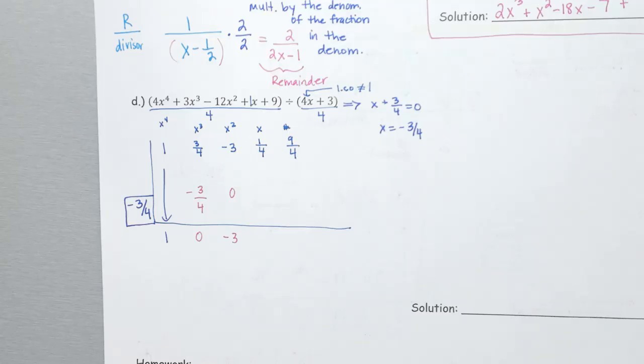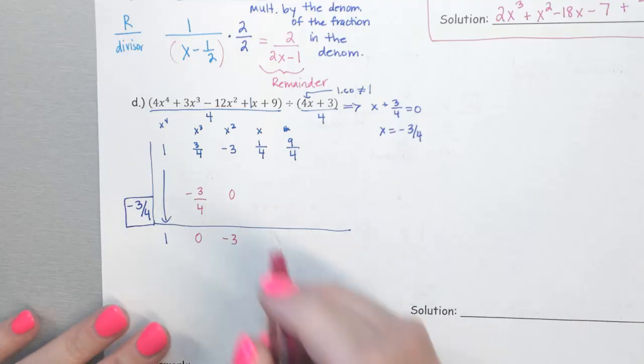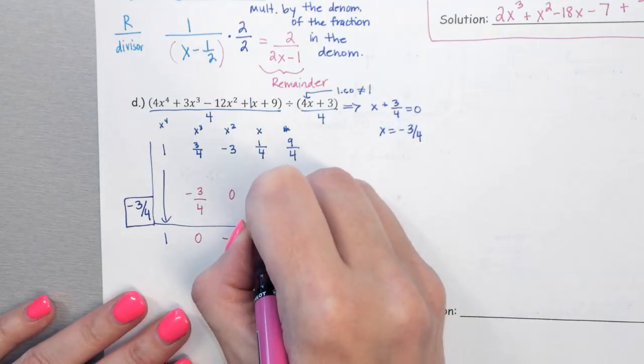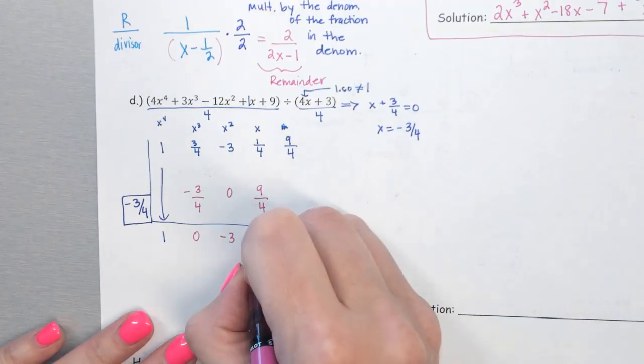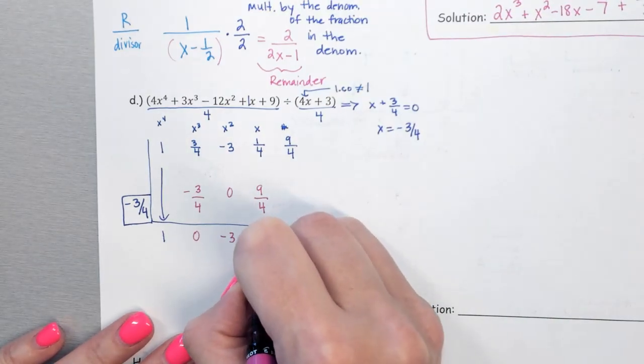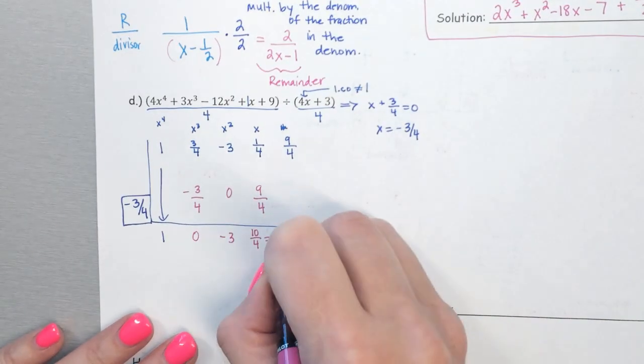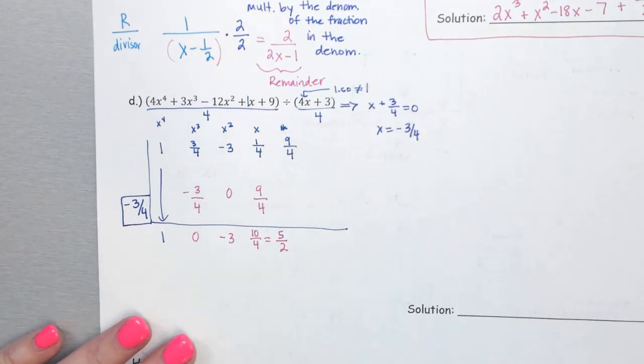Numerator. Can't be both. If it was both, it would divide and make 1. Do the same thing. Okay, so negative 3 times negative 3 is 9. So this is 9/4. So if you add these together, you have 10/4, which reduces to 5/2. Divide by 2, divide by 2.